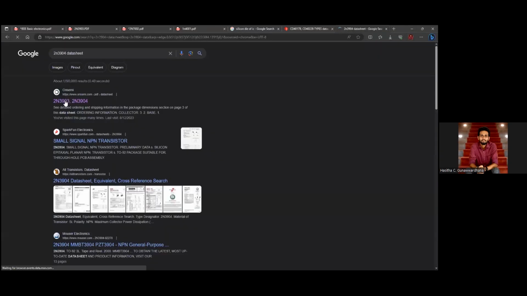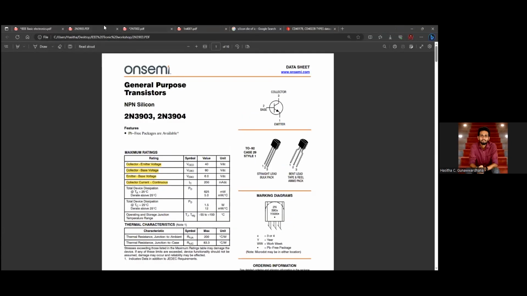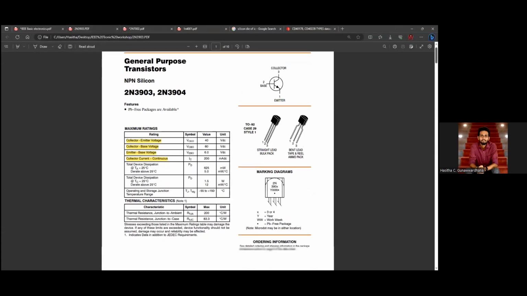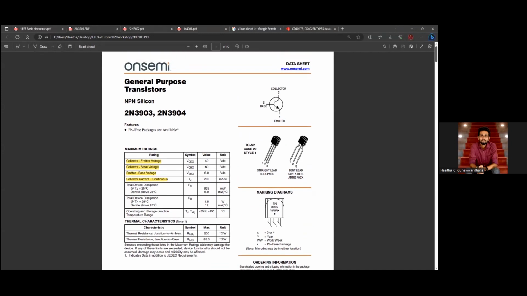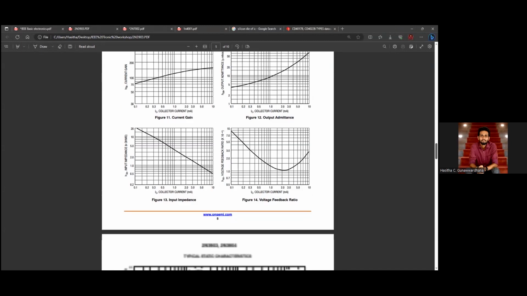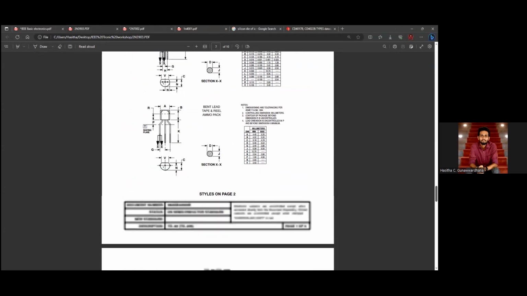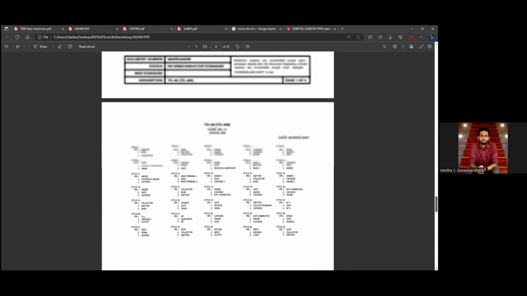Then you will get the data sheet. It is simple like that. This data sheet has many graphs, physical parameters, ordering numbers, and so on.